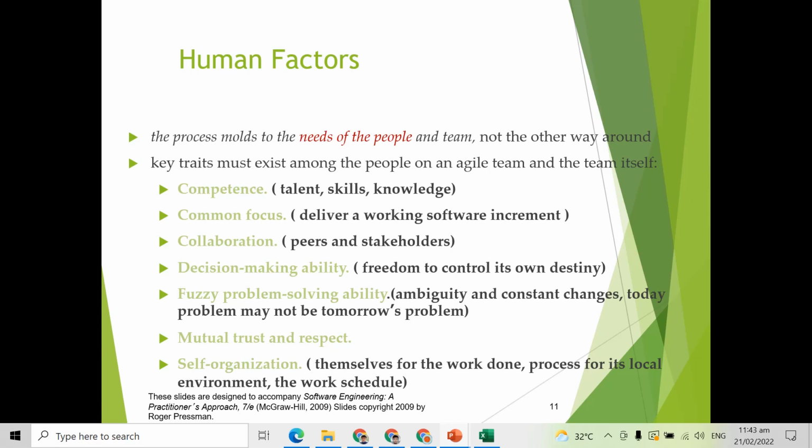Next, decision-making ability, freedom to control its own destiny. And for fuzzy problem-solving ability, ambiguity and constant change, today's problem may not be tomorrow's problem. And mutual trust and respect, self-organization, taking responsibility for the work done, organizing the process for its local environment and the work schedule.